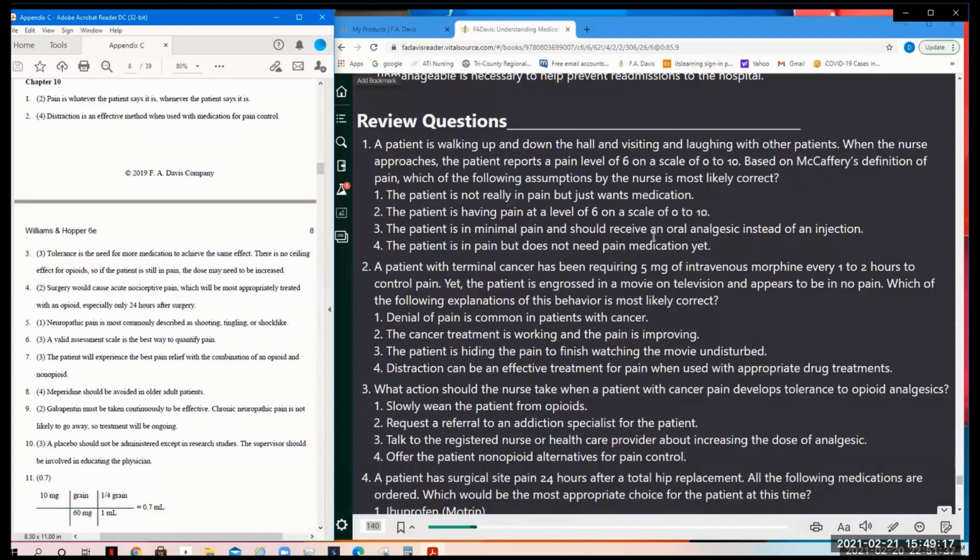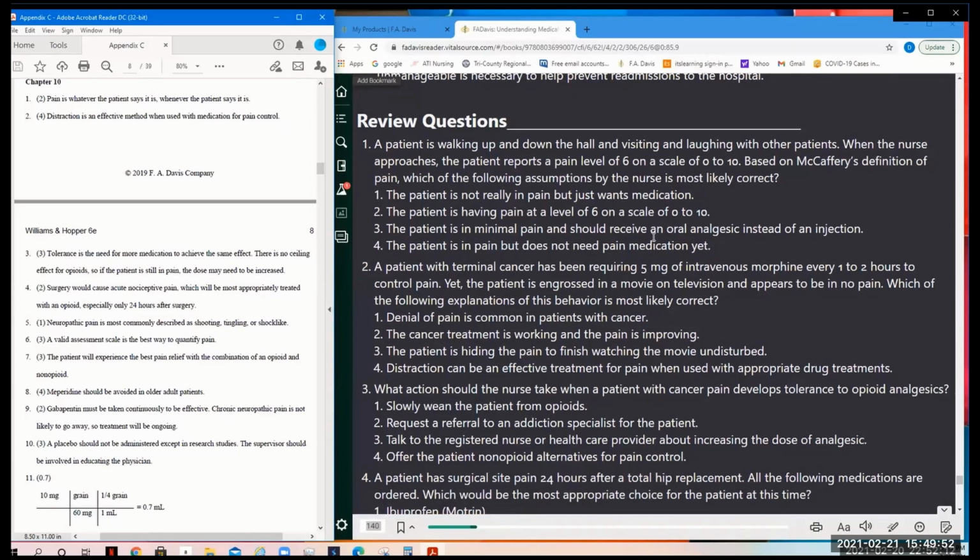Based on McCaffery's definition of pain, which of the following assumptions by the nurse is most likely correct? 1, the patient is not really in pain, but just wants medication. 2, the patient is having pain at a level 6 on a scale of 0 to 10. 3, the patient is in minimal pain and should receive an oral analgesic instead of an injection. Or 4, the patient is in pain but does not need pain medication yet.